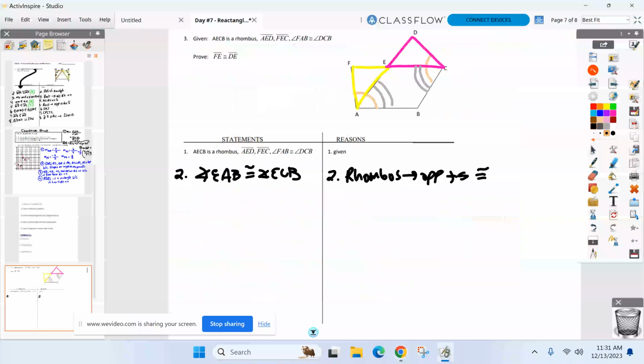FAE and DAE are supplementary. Whoa, wait a second. Hold on, boss. Say this again. Oh wait, not supplementary. Congruent parts. Like if those two are congruent, like the two we just proved are congruent. Yeah.